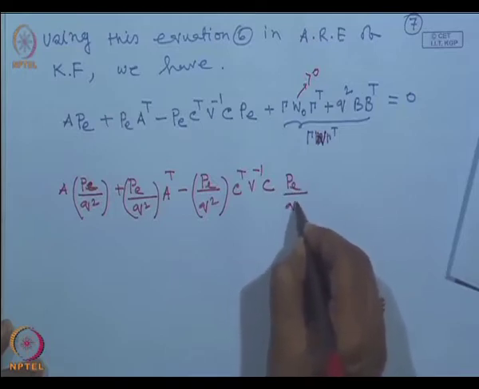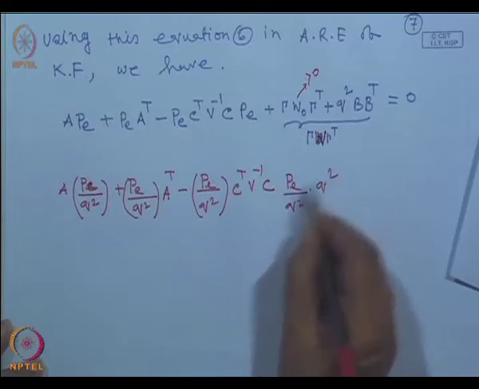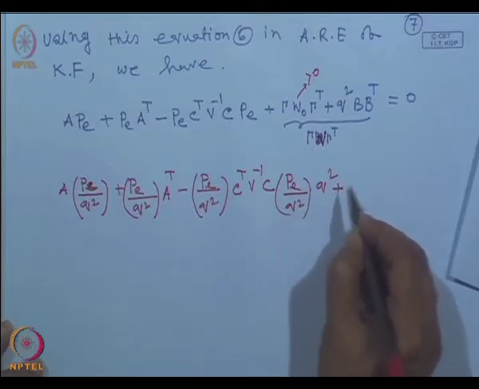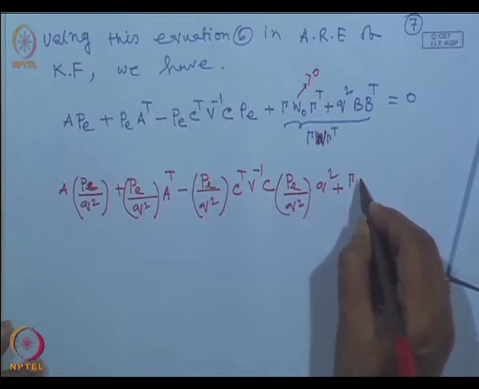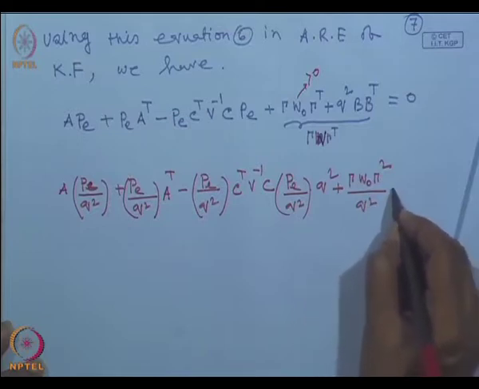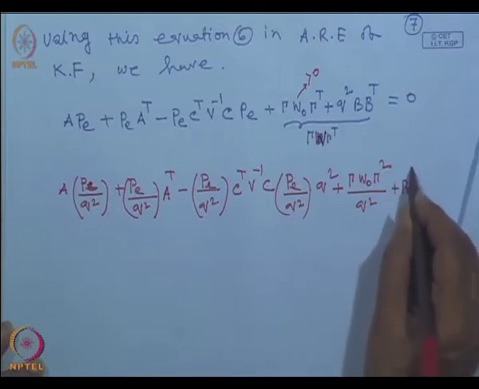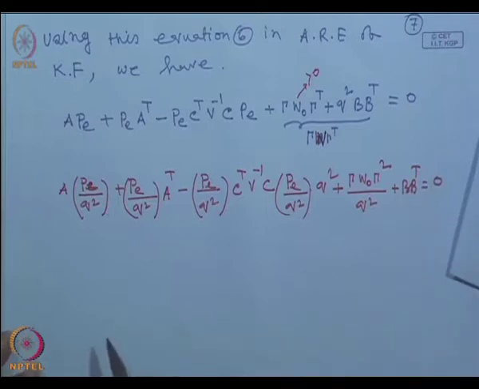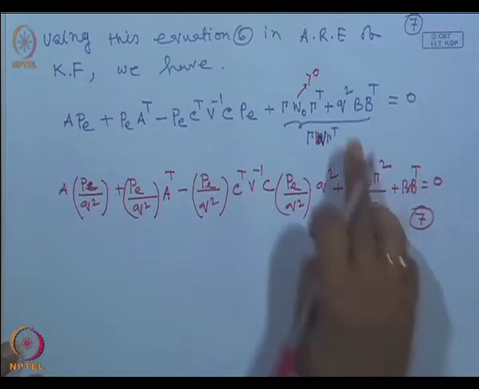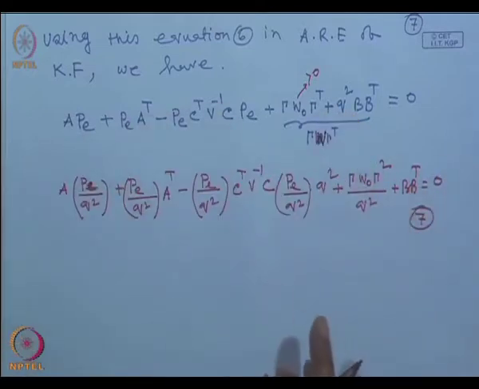I divided by q square and multiplied by q square, it does not change anything. So, that will be plus gamma W 0 gamma transpose by q square plus B B transpose is equal to 0. Let us call this equation number 7. What I did was divide by q square.